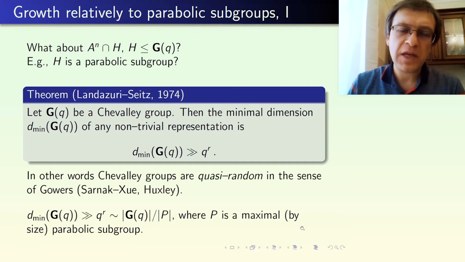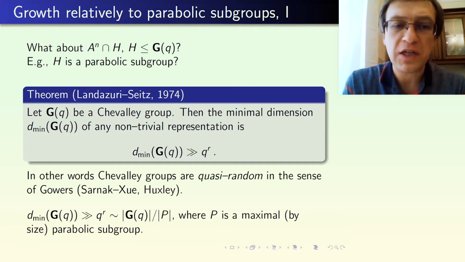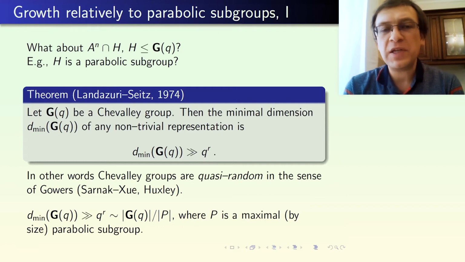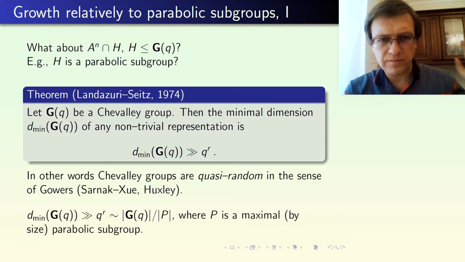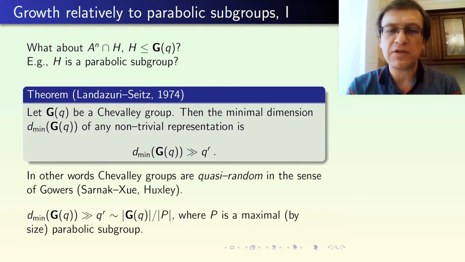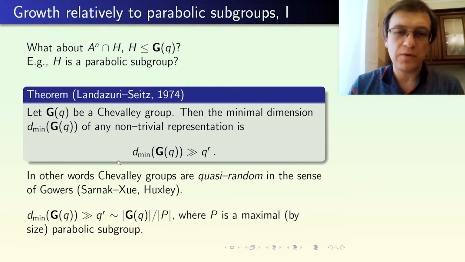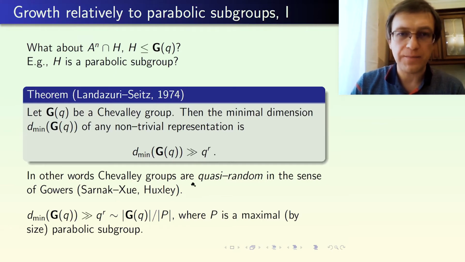And it means that Chevalley groups are quite random in the sense of Gowers. It means that actually for a very large set, it doesn't matter whether it is a generating set or not, I have some growth. This concept of quasi-random group was coined by Gowers, Sarnak and Xue, and before them by Hensley.